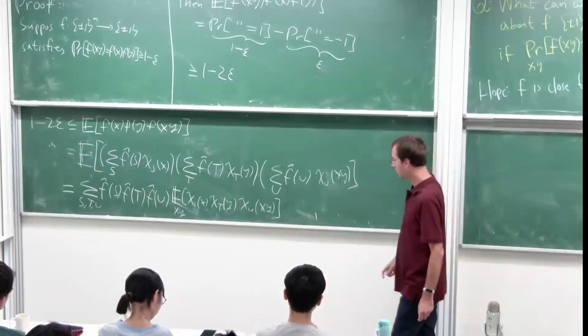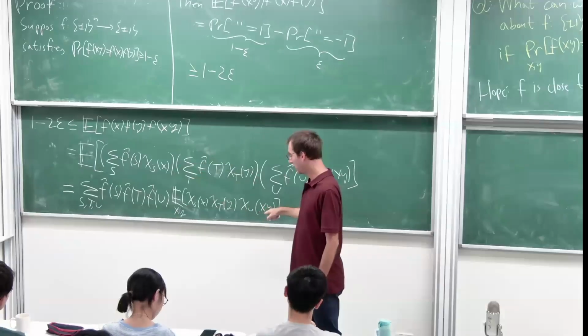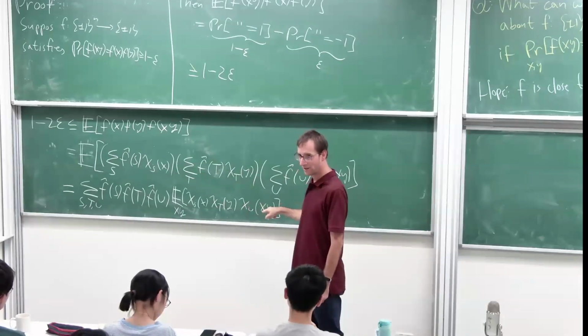Now we observe that chi u of xy is chi u of x times chi u of y.